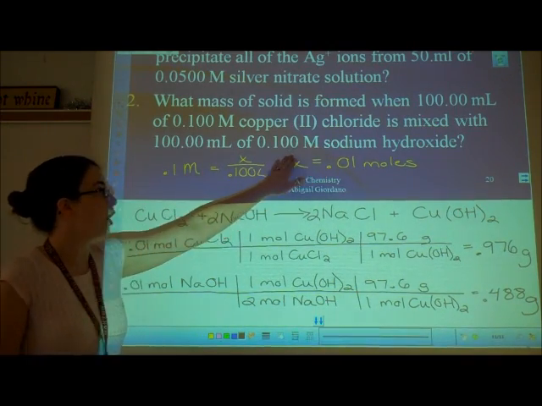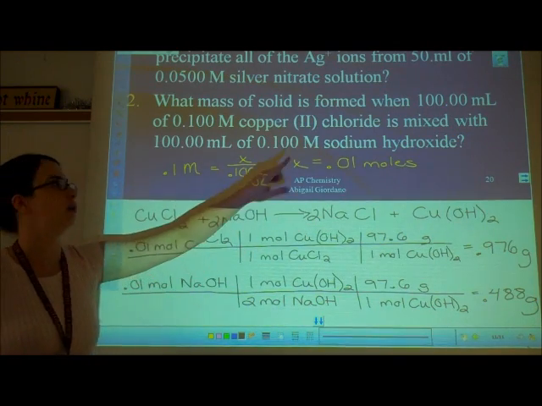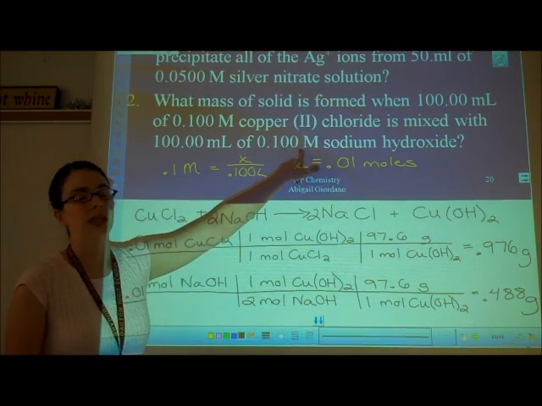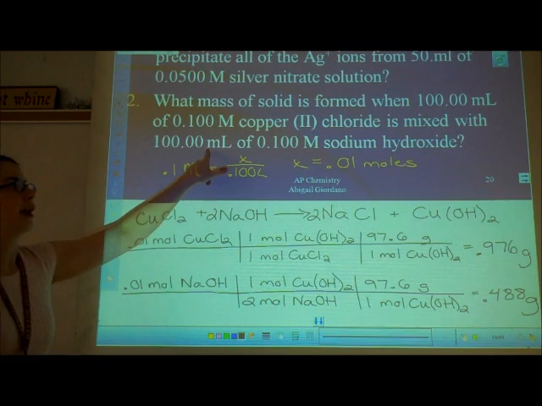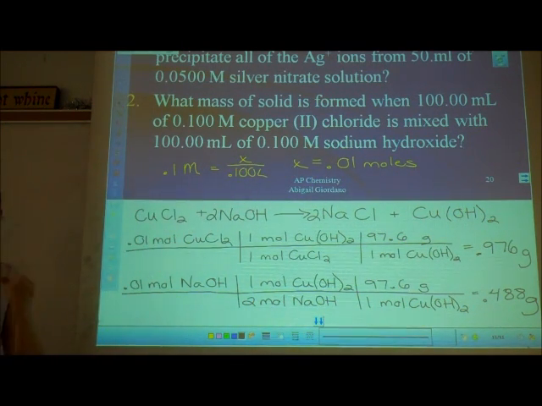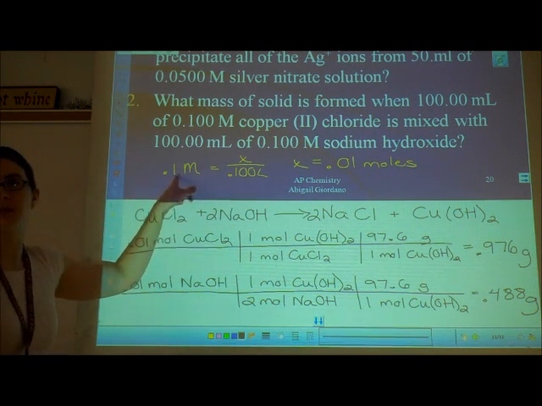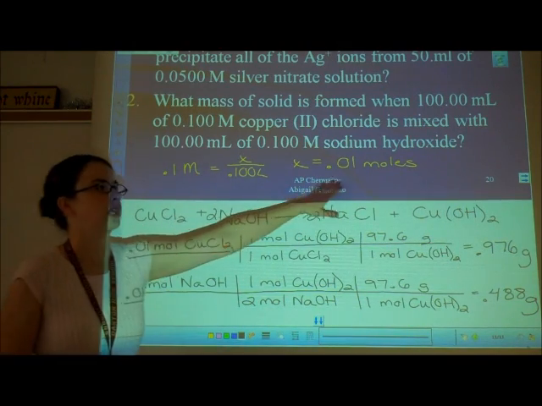Sometimes, or very often, information will be given to you about an element or a compound where you're given a molarity and a volume. And when you always see that combination, what can you solve for? Moles. Okay? Now, if you'll notice, in this problem, both reactants have the same volume and the same molarity, so I only did this calculation one time.